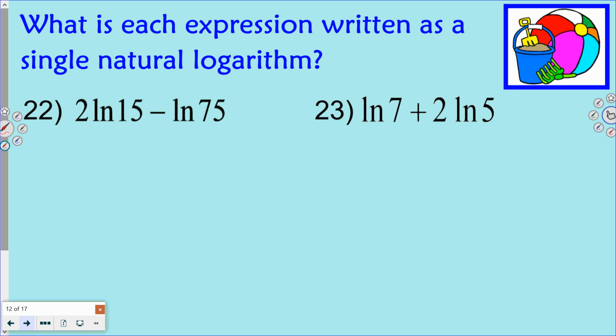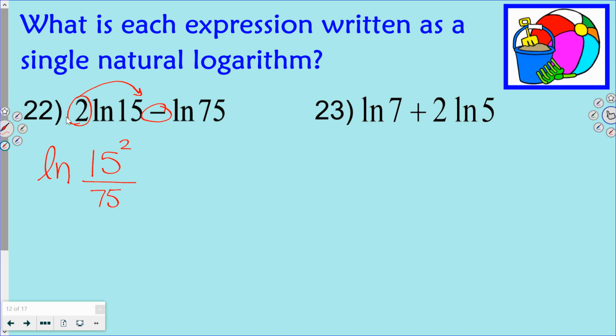The natural log. So on 22, what's the 2 out front become? An exponent on the 15. So I'm going to have natural log of 15 squared. What's the minus do? What's minus mean? Divide. Yeah, it means divide. And I just have a 75.